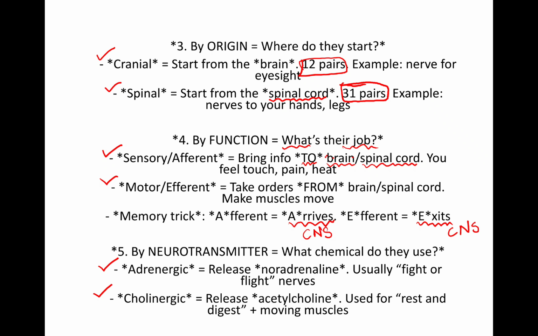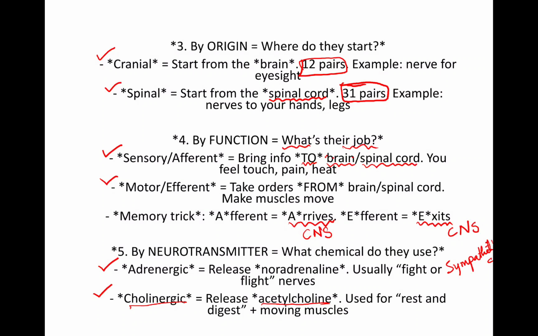And what are fight or flight nerves exactly? If you can remember, fight or flight nerves refers to the sympathetic nervous system, right? And next is cholinergic. Cholinergic is nothing but release of acetylcholine, which is used for rest and digest.